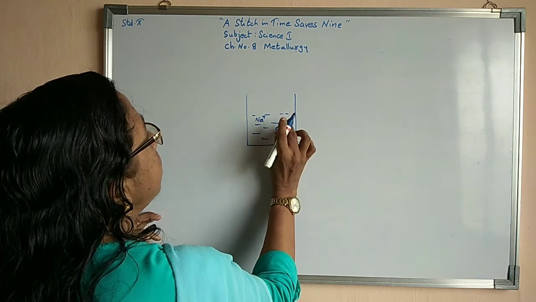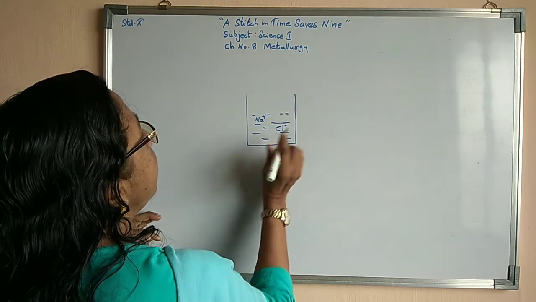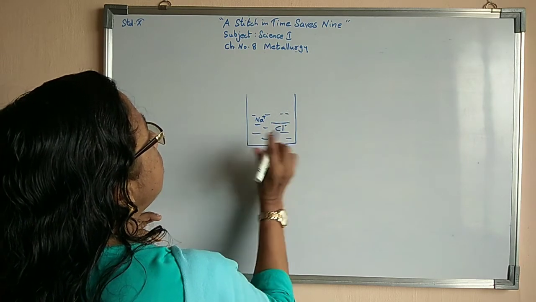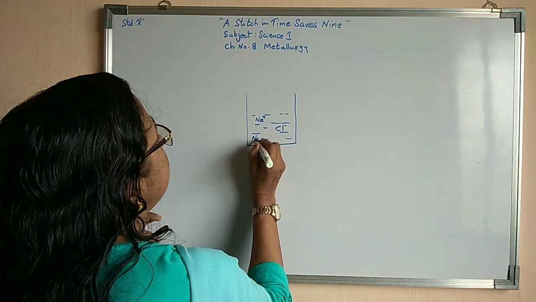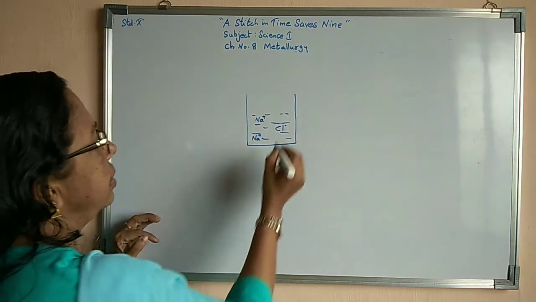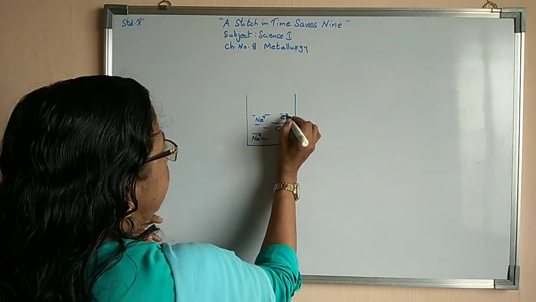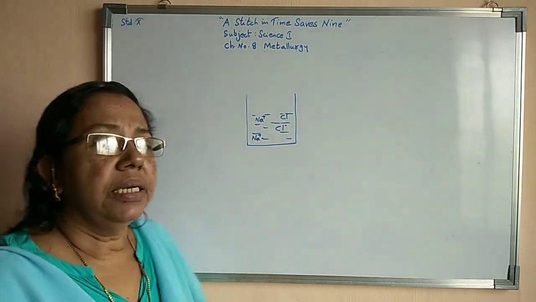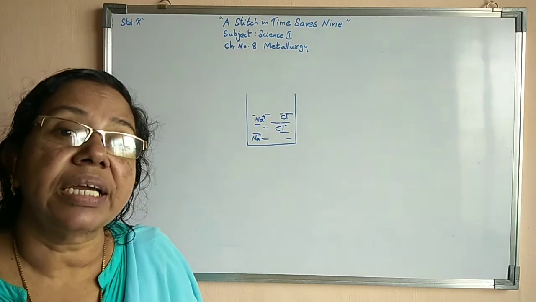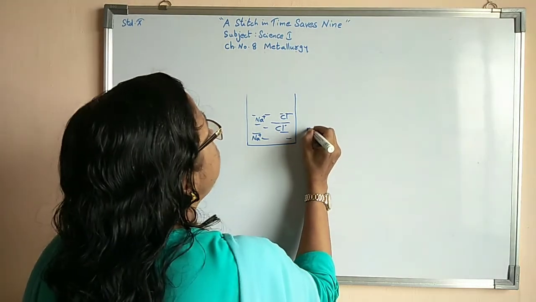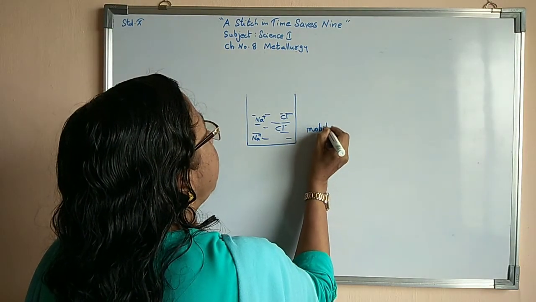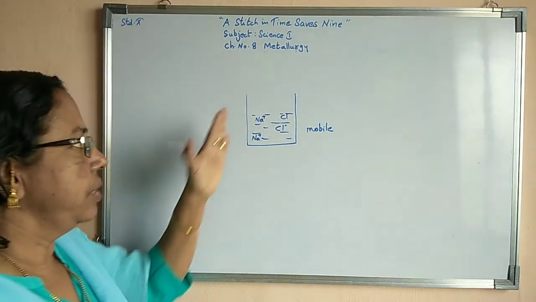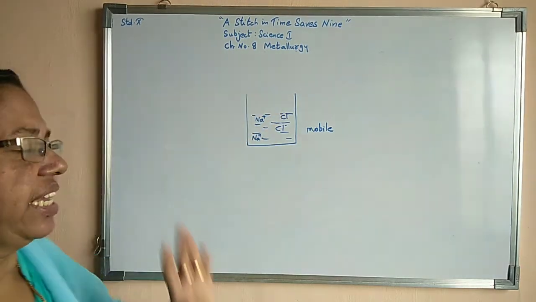They will be in the moving condition in the liquid state. We can say that they are in mobile condition. Mobile means a moving condition. They can move from one place to another. So this is the dissolved state.